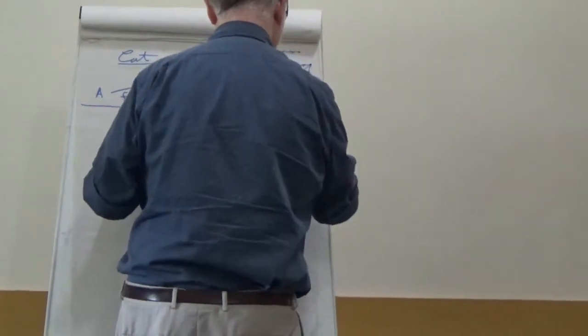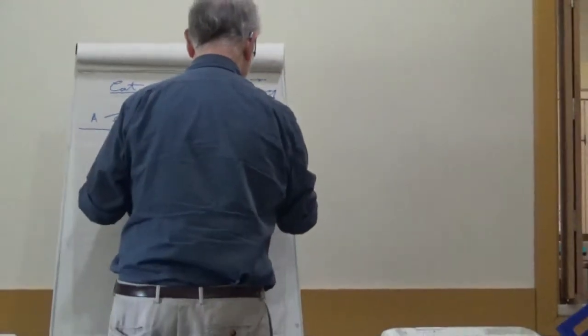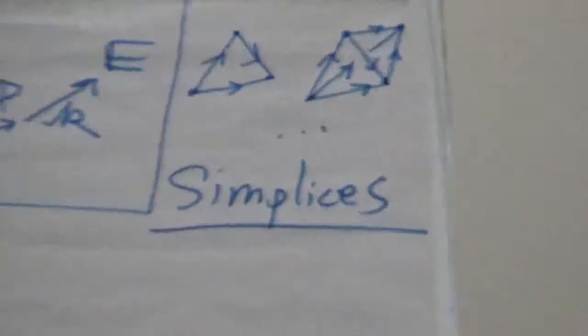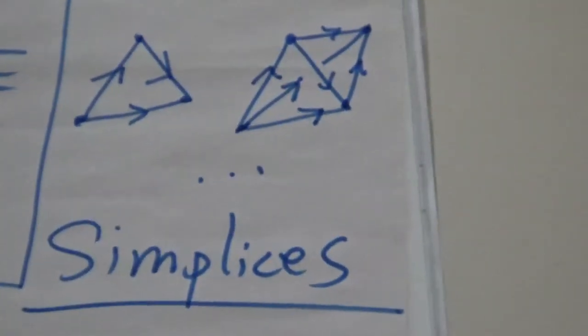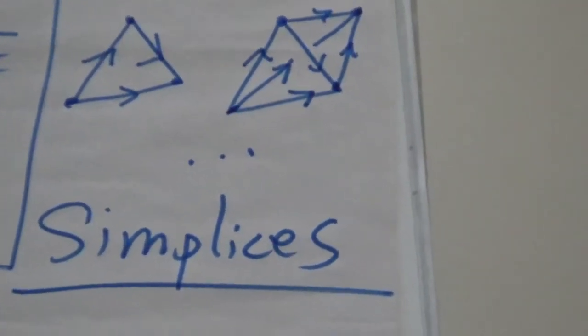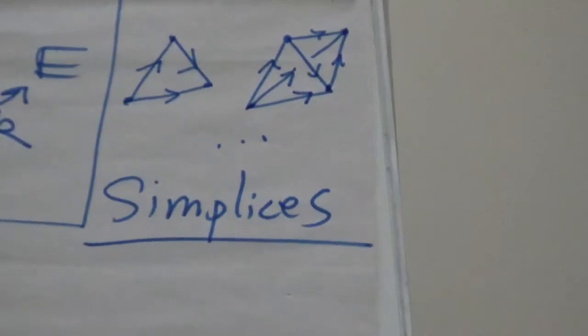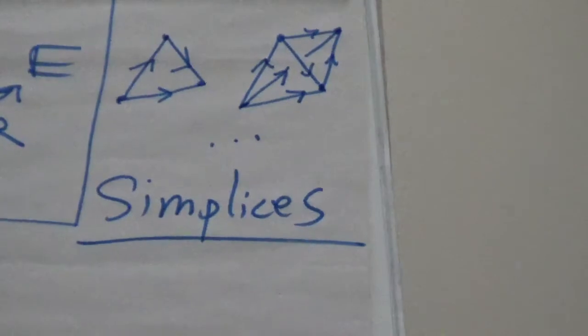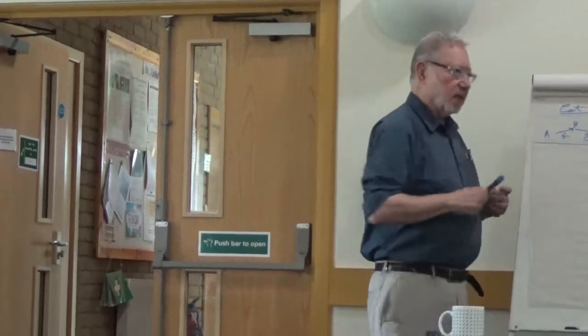And so on. Simplices. Certainly everybody who studies topology learns about simplices, and probably everybody who studies geometry learns about n-dimensional simplices. But the interesting thing is that this guy is a simplex.